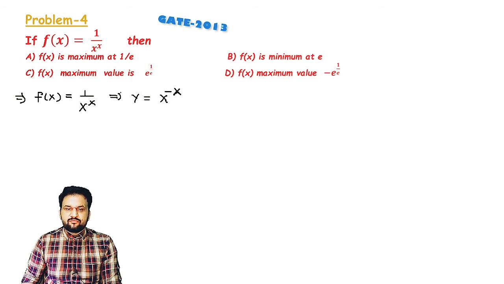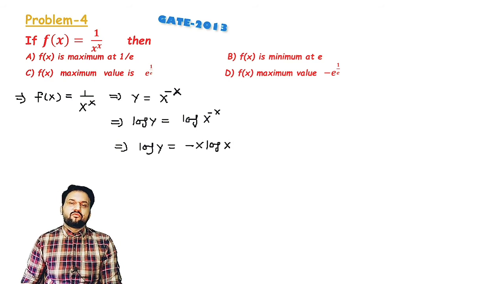And this f of x, I'm just taking as y. So here I can take log both sides. So you can write log of y is equal to log of x raised to power minus x, and this relation will give you some result. Log of y is equal to minus x log of x. Am I right here?